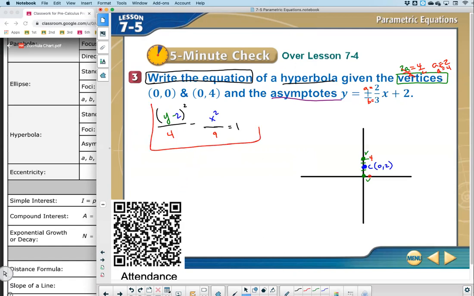Now, I got to tell you one thing that can be a little confusing, though. Let's just pretend, for the sake of argument, that a was actually equal to 8 from right here. Let's say we had an a that equaled 8. And then you come to this part, and it says a equals 2. What that would mean is that the fraction would be reduced.